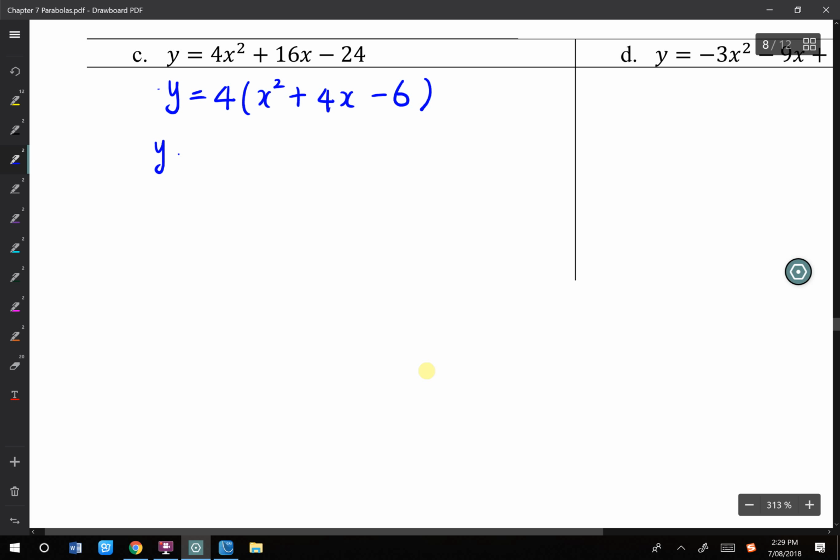A little bit of revision. We keep the first two terms and we add half of the b squared, which is adding 2 squared. We need to minus 2 squared as well, and then further minus that 6.